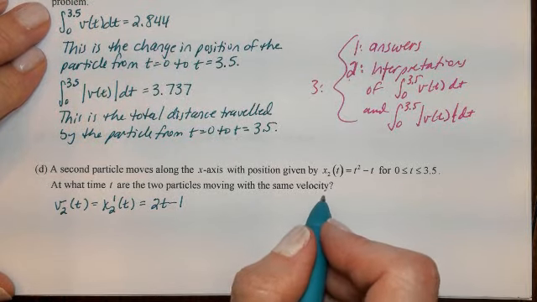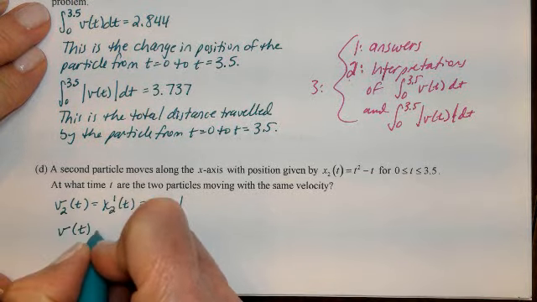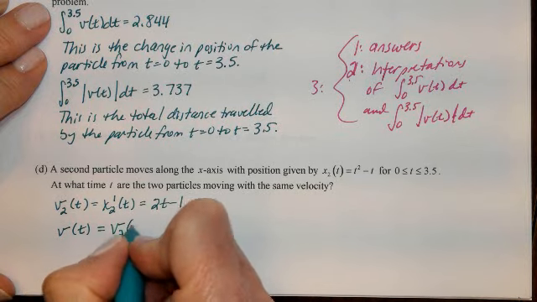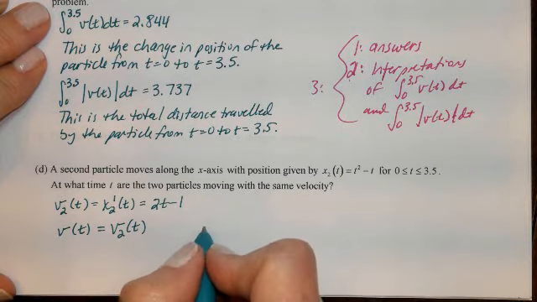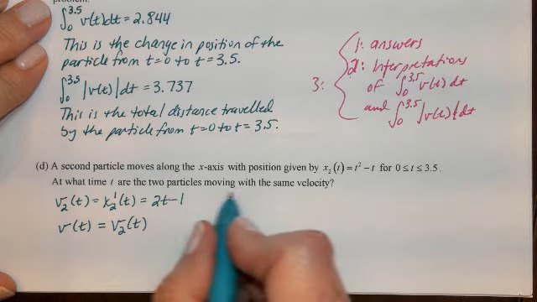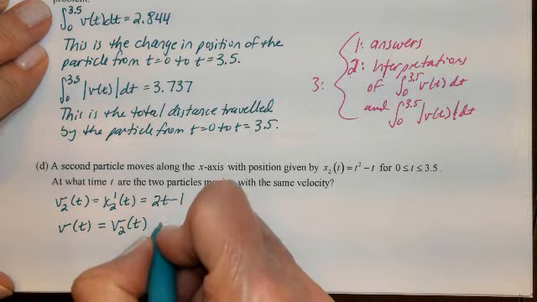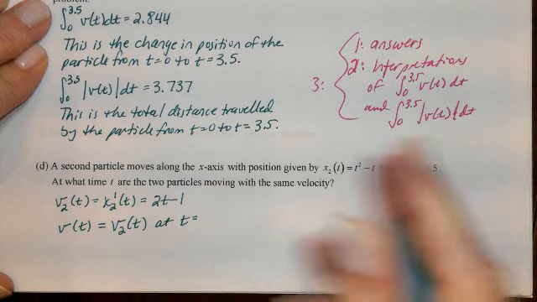So now I can just set v of t from above equal to v sub 2 of t. In my calculator, I can graph both of those and see where they intersect, and that will be the time that the particles are moving with the same velocity, right? So this will be my answer here.